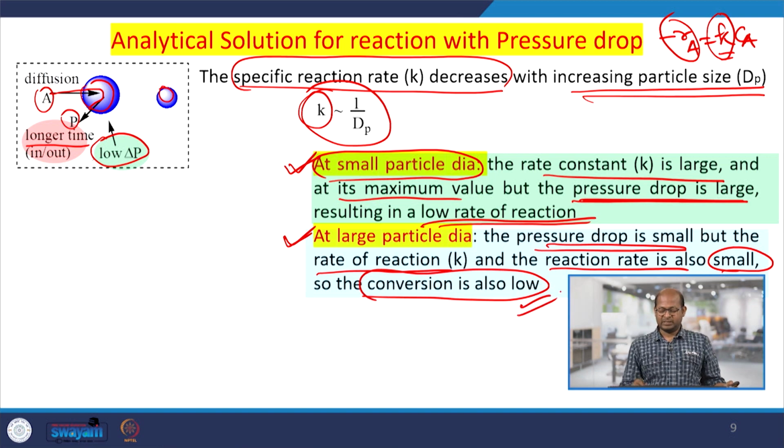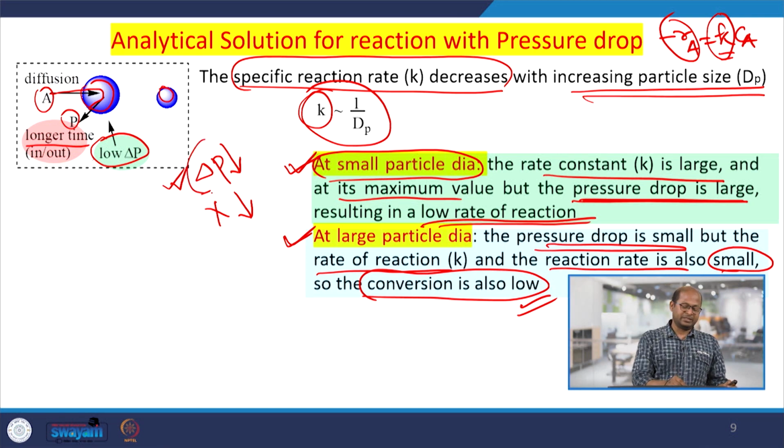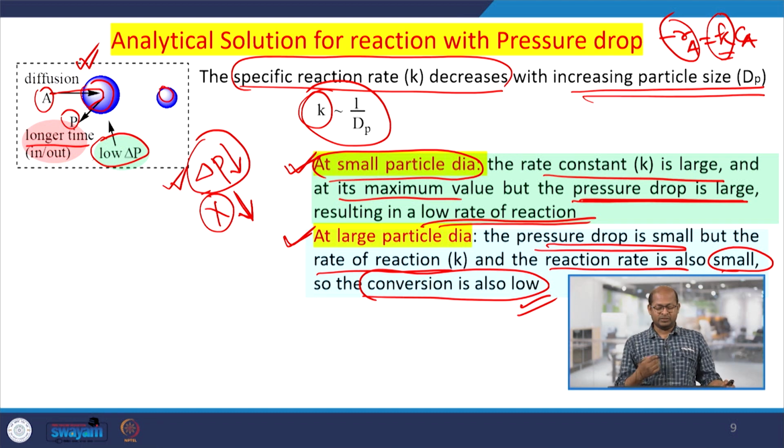Whenever we design a packed bed reactor, we always expect that there should not be any pressure drop. Therefore we increase the particle size, but at the same time we lose conversion.